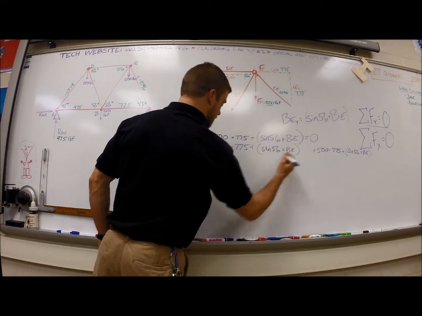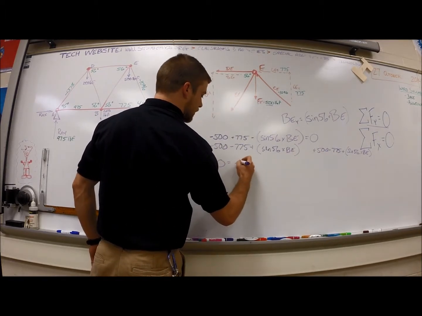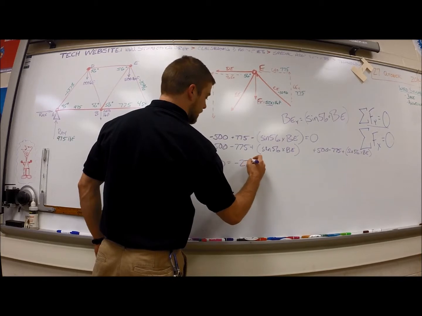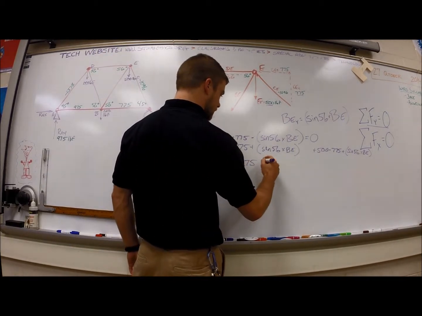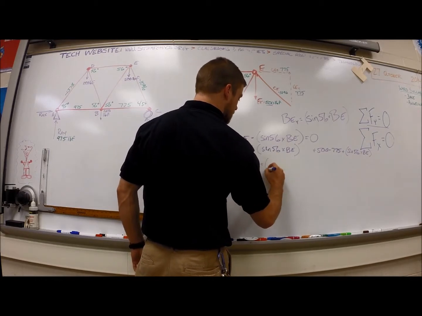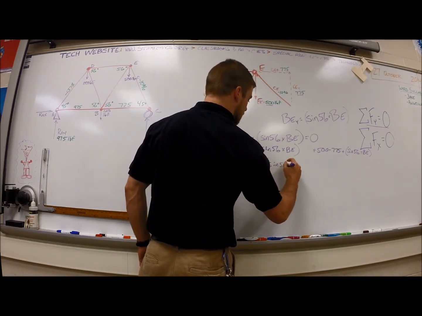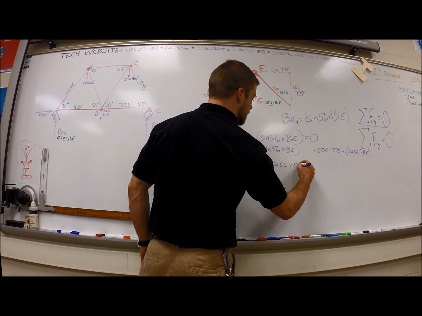I'm also going to simplify this, and it should be reading negative 275 plus sine of 56 times BE.